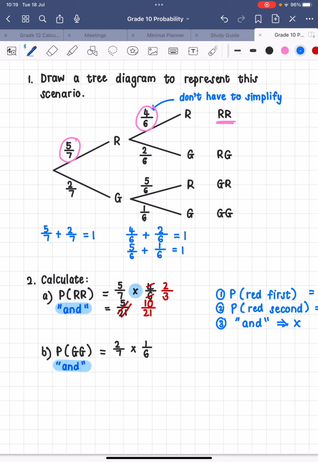Now let me just be very careful here. I'm going to cancel out a 1 and a 3. Is that right? So I'm going to get 1 over 21. And again, I'm just going to highlight this times because the times comes from it being an and question.